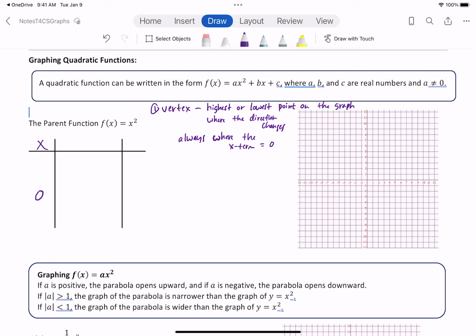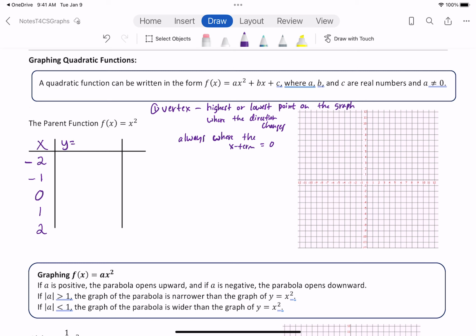And then generally what we do is choose two numbers to the left of the vertex and two numbers to the right. And we want to take advantage of the symmetry of this graph by choosing those points equally spaced. So I'm just going to go one to the left to -1 and one more to the left to -2. And then from 0, I'm going to go one to the right and one more to the right. All right.